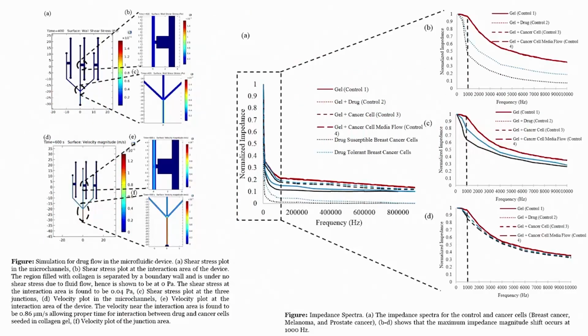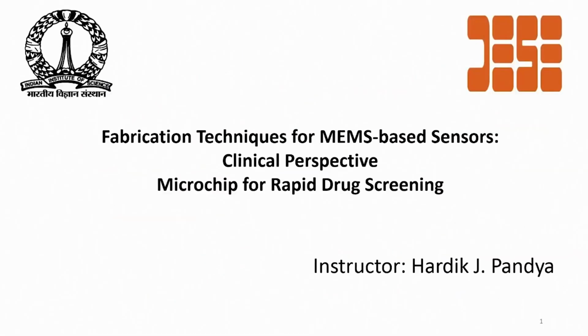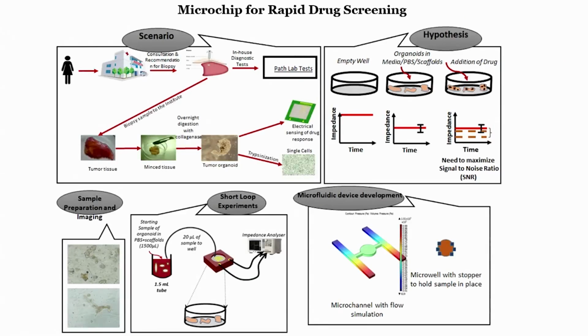So, let us quickly recall what we have studied in this particular class. We have concentrated on developing a microchip for rapid drug screening. The idea is, can we develop a drug screening tool which is patient centric, and we can understand the efficacy of a drug within 12 to 24 hours.